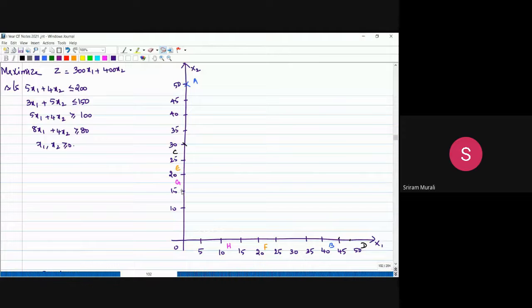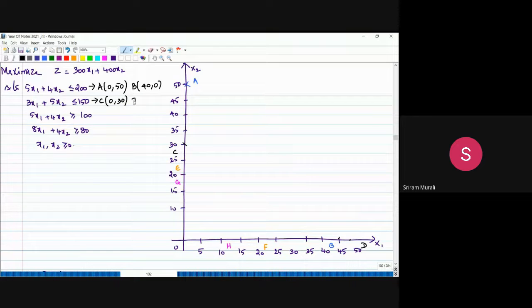What is the first one? If you take x1 is equal to 0, what is x2? 0, 50. If you take x2 is 0, what is x1? 40, 0. This is for the first line. For this line, see, when x1 is 0, x2 will be 30.